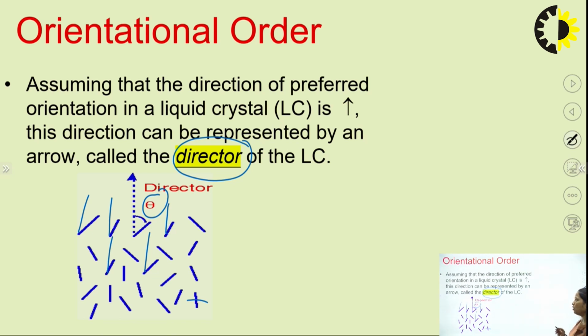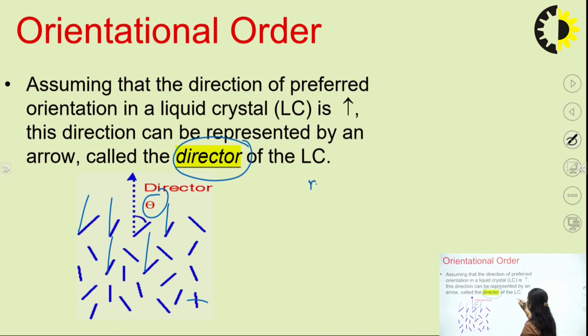So orientational order is the important property of liquid crystal, due to which we can say that the molecule is actually a liquid crystal rather than liquid or rather than solid, because it does not have perfect orientational order and it does not have perfect randomness like liquid. So it is an in-between phase of solid and liquid.